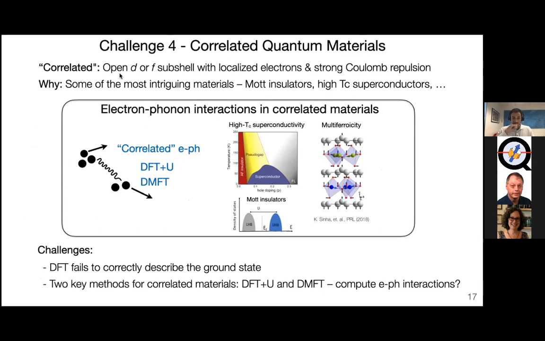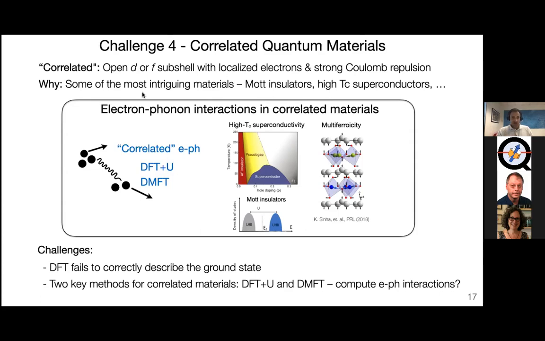It is well known that density functional theory typically over-delocalizes electrons in these localized states due to self-interaction error due to the incorrect account of exchange. But so the challenge here is that electrons in these localized states interact strongly via Coulomb repulsion.